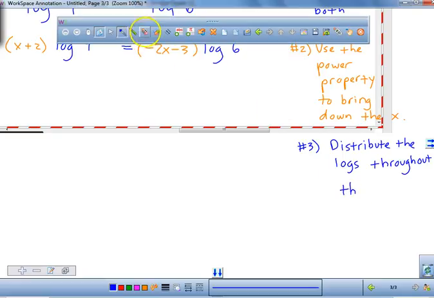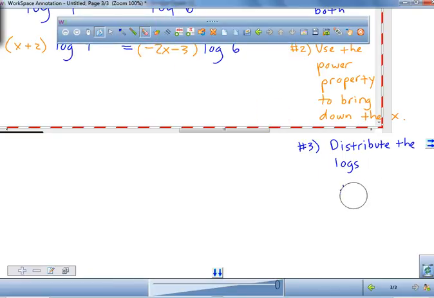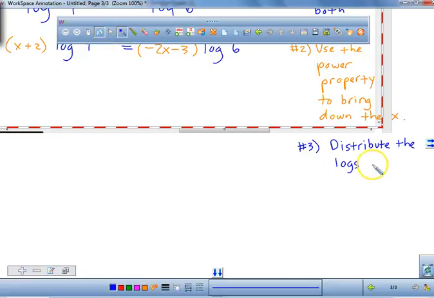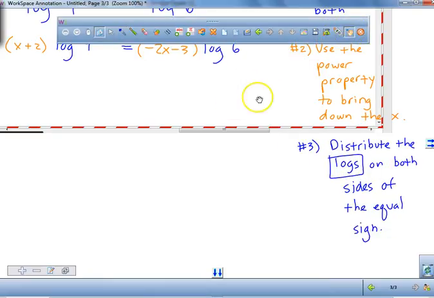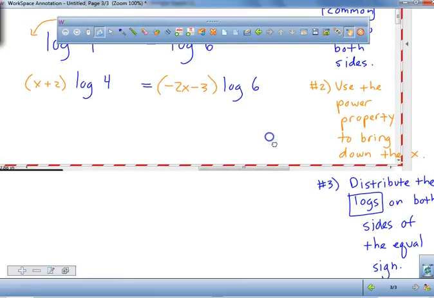I'm going to distribute the logs on both sides of the equal sign. It's quite easy. So distribute the logs right here. I have 2 of them, right? Distribute the logs on both sides of the equal sign.